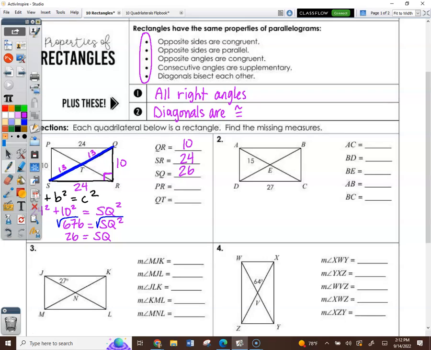Now that's the only new part with rectangles: if you're dealing with diagonals and you're talking about length, Pythagorean theorem is going to come in. If you're talking about angles, then alternate interior is going to come in. All right, let's go to, let's see, PR, what'd you say? 26, QT, 13. Let's go to this one.